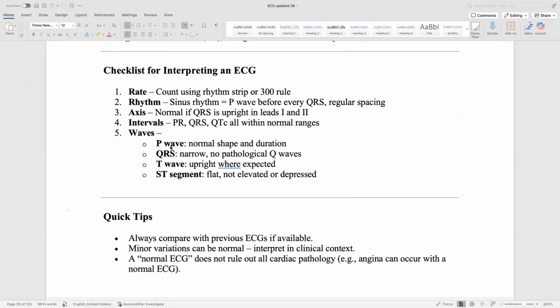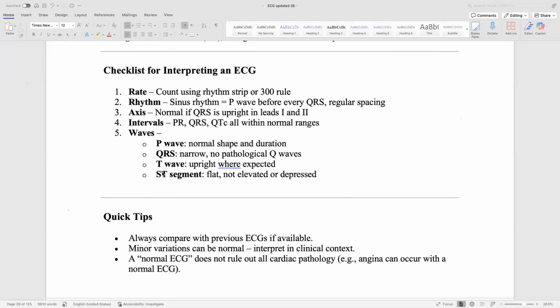Then we will come to the shape and whether up or down for the P wave, QRS, T wave, and ST segment. And especially the T wave, and more especially the ST segment.